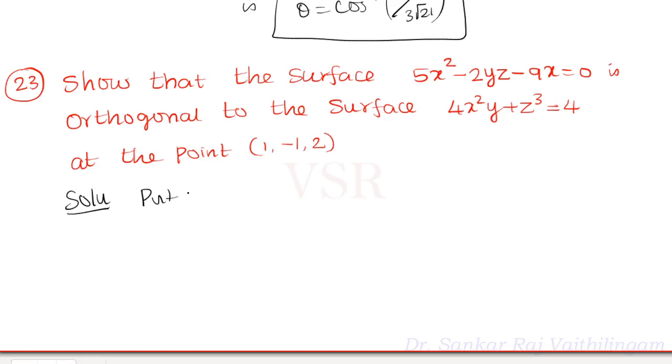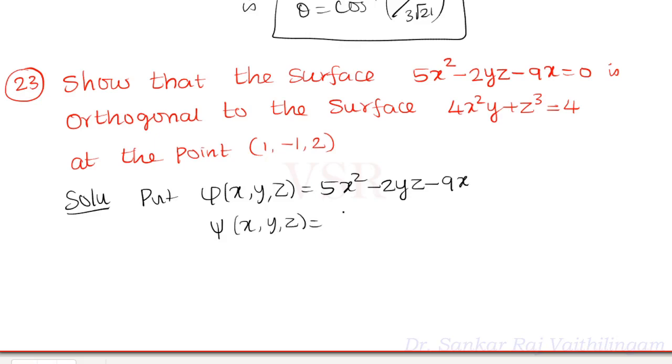Put phi of x comma y comma z which is equal to 5x square minus 2yz minus 9x, okay, and this is psi of x comma y comma z which is equal to 4x square y minus z cube.